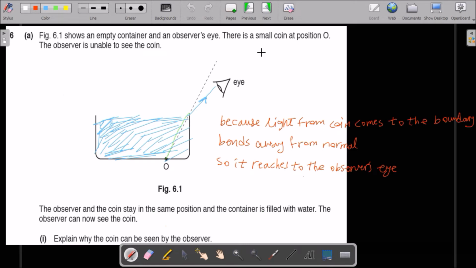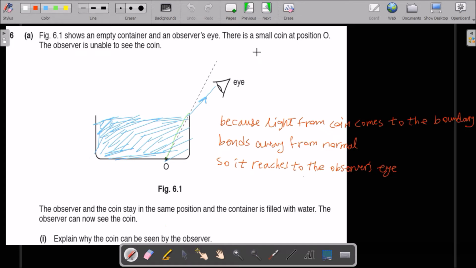Question 6. Figure 6.1 shows an empty container and an observer's eye. There is a small point at position O. The observer is unable to see the coin. The observer and the coin stay in the same position and the container is filled with water. The observer can now see the coin.